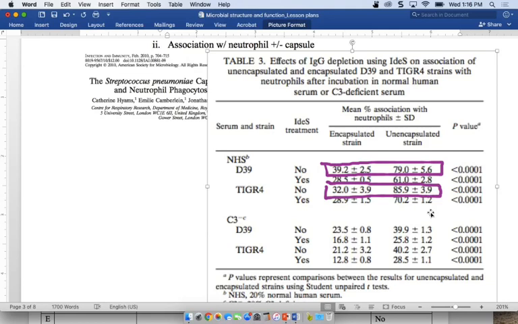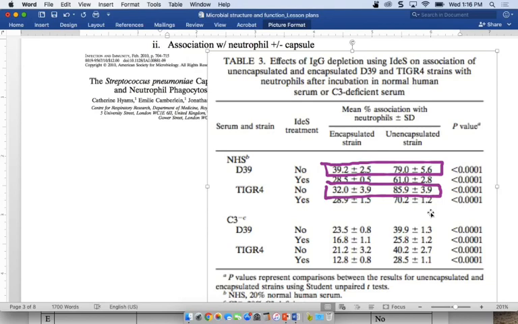All right, take a look just at D39. We'll take out Tiger 4 right now. For D39, compare the percent of encapsulated streptococci that are found associated with the neutrophils to the percentage of those that are not encapsulated and are associated with the neutrophils.